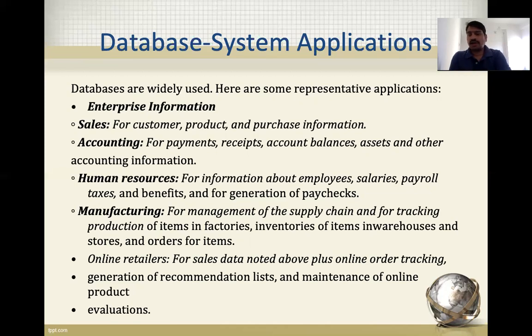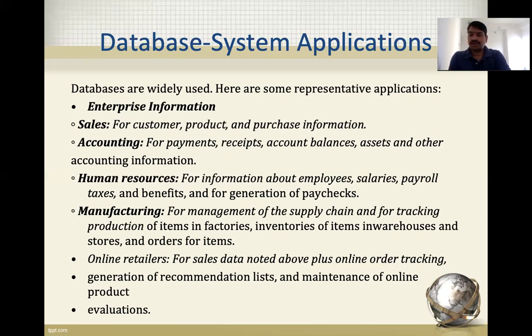Then we have accounting for payment, for receipt, for account balance, for assets and other accounting information, we will have the database, right? Human resources for information about employees, their salary, payroll, taxes, benefits, and other, as well as generating the paycheck, we have to have the database for that.